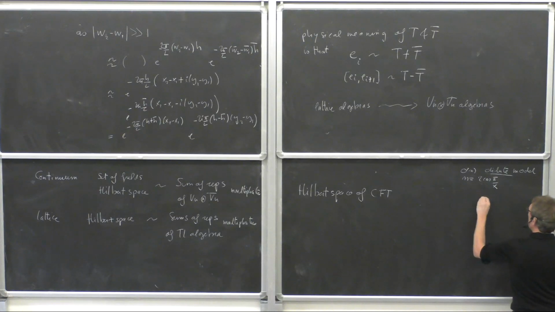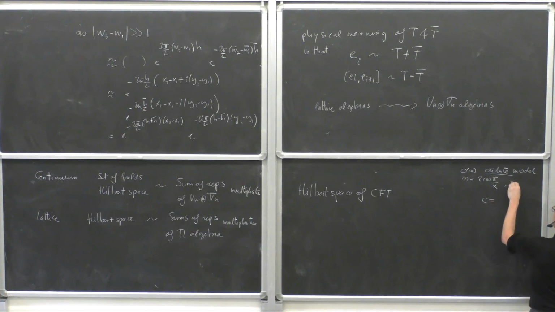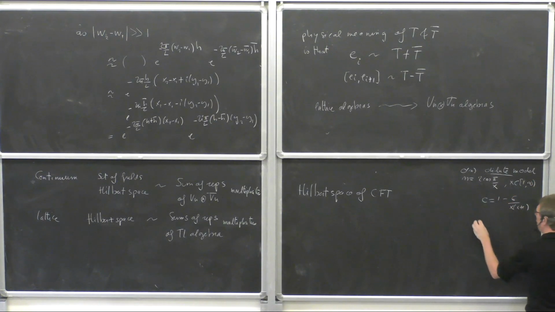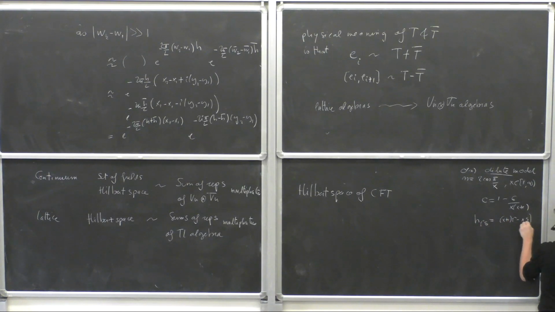So it so happens that with these conventions, c is 1 minus 6 over x(x+1). And I'm going to use the parameterization h = ((x+1)r - xs)^2 - 1 over 4x(x+1).